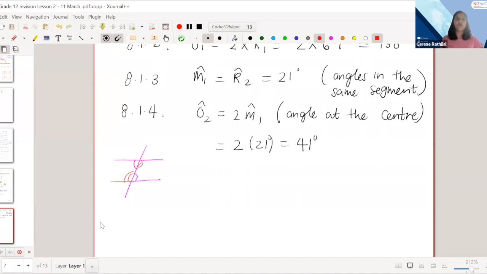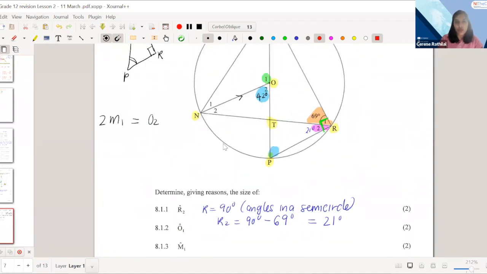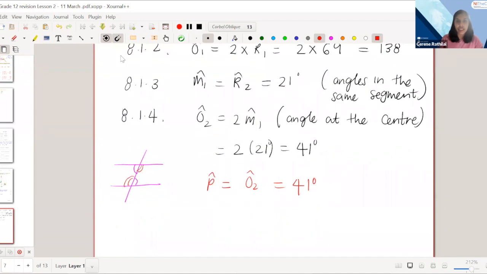So that is also true, and that's precisely what we're utilizing. So therefore, I can then say that P equals O2, which means P equals 42 degrees. Sorry, why did I write down 41 when I put 42 in the diagram? So it's 42 degrees.